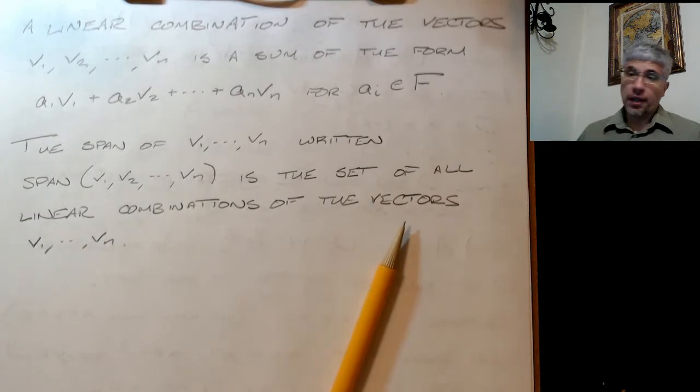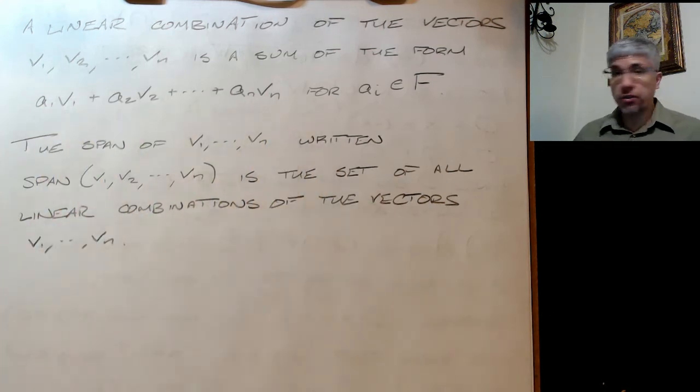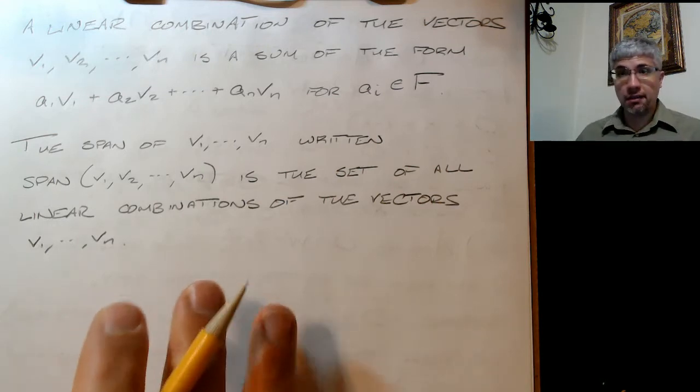So we have some collection of vectors. We know what a linear combination is. You multiply them by constants and you add them together. Any way you can do that will be a linear combination. So what we have here for the span is every possible linear combination. Every possible one that we can make up, regardless of what constants we pick, is going to be inside the span. Now the span ends up being a vector space, which is not a given.